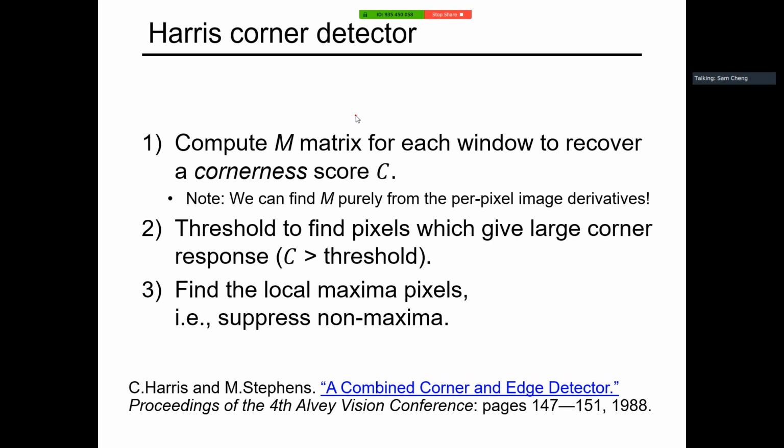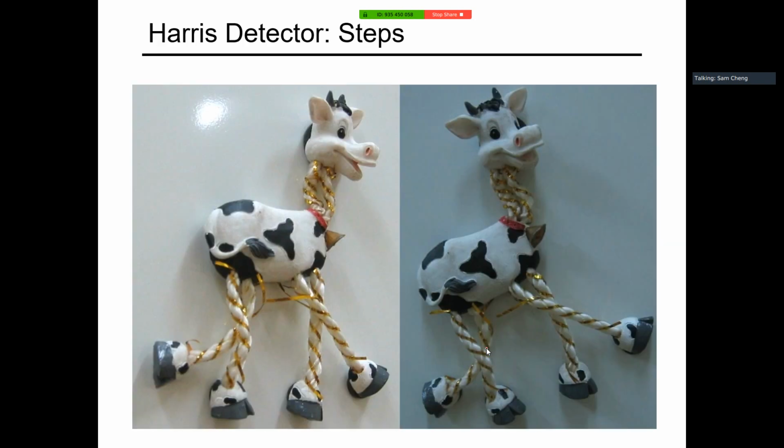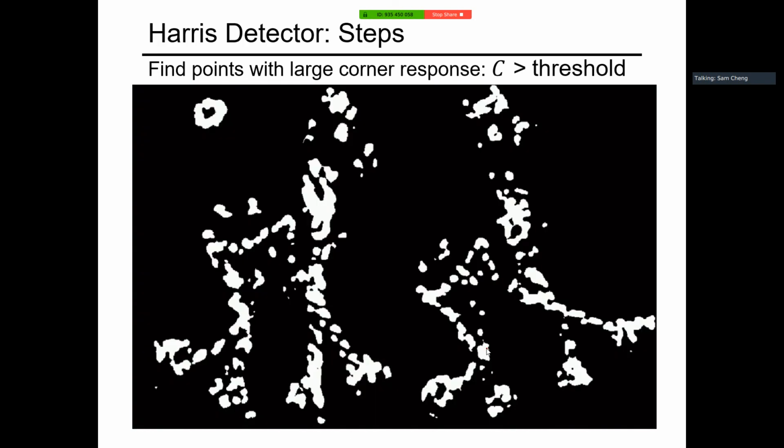Finally, you have one refinement, similar to what we talked about last time for edge detection. You can apply non-maximum suppression. Let's go to this one here first. If I just try to find the C values for each of the corners, you may have very large patches here.